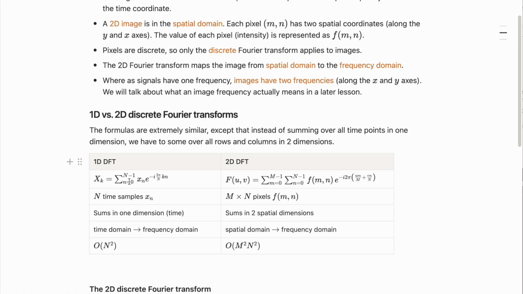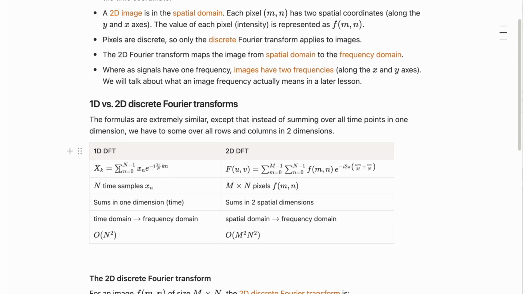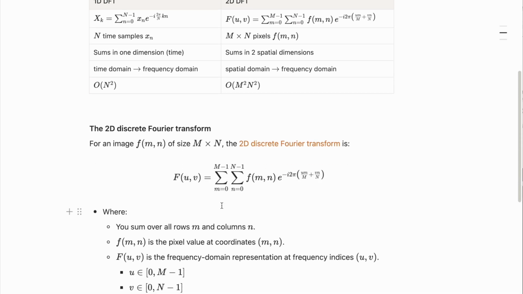Here we summed only in one dimension, which was time. Here we're summing over two dimensions, which are the two spatial coordinates. And finally, the time complexity of this was N squared, whereas the time complexity of this ends up being M squared times N squared. So let's look at this formula in more detail.